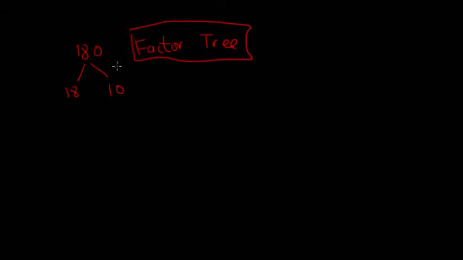So let's think about that. 180 can be made up of 18 multiplied by 10. So this is going to be a factor tree. And we'll see why it's called a factor tree once we build it.